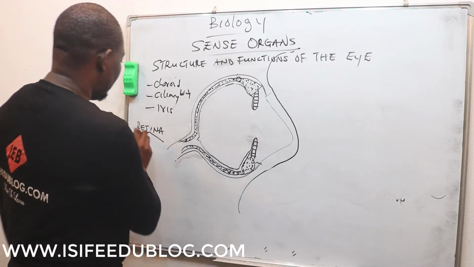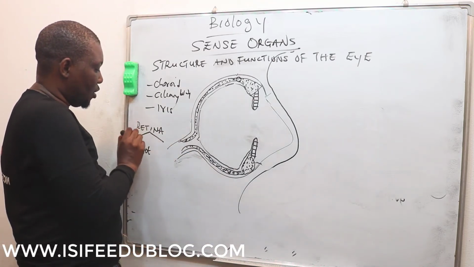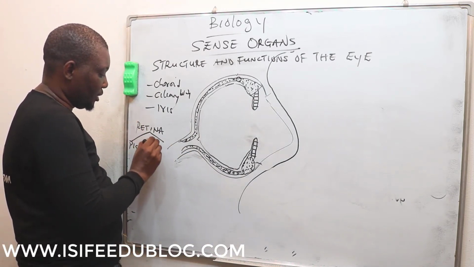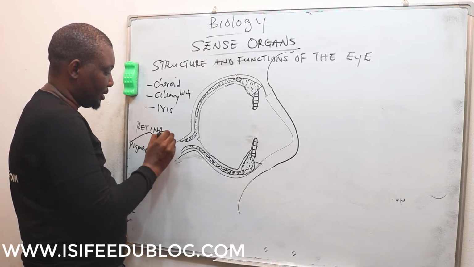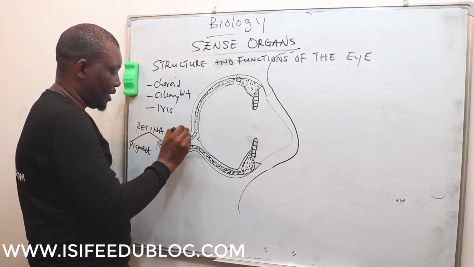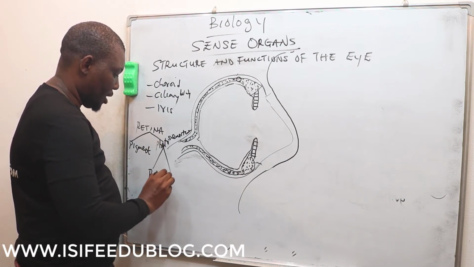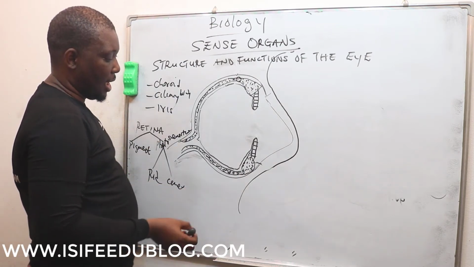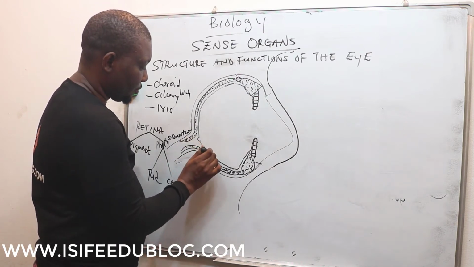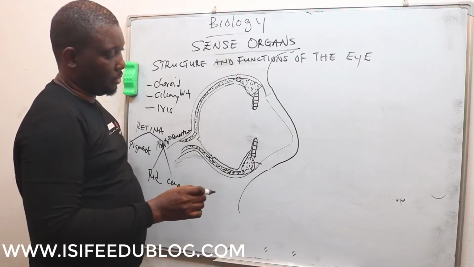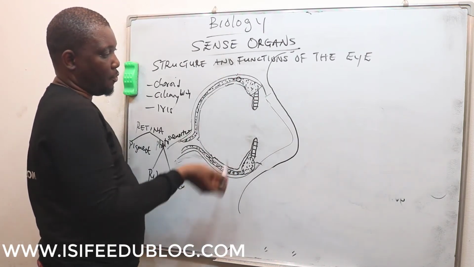But the second layer of the retina, which is the photosensitive or photoreceptive cells, which are rods and cones, has limitations, where they can reach and where they can stop.